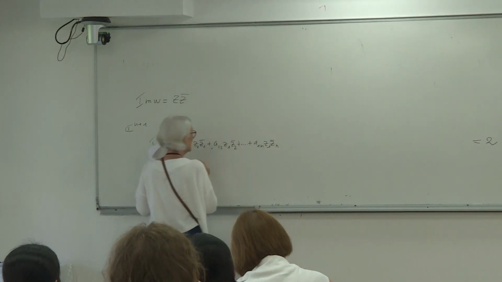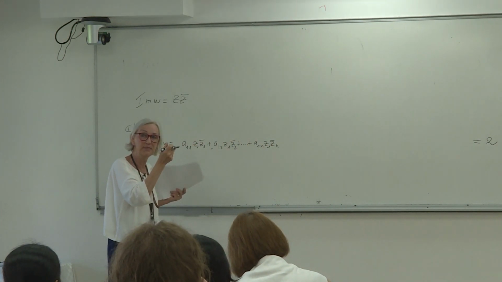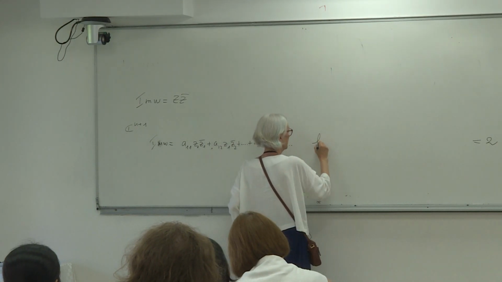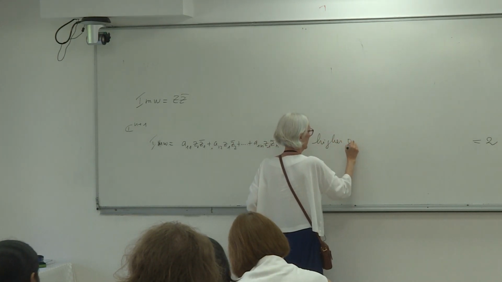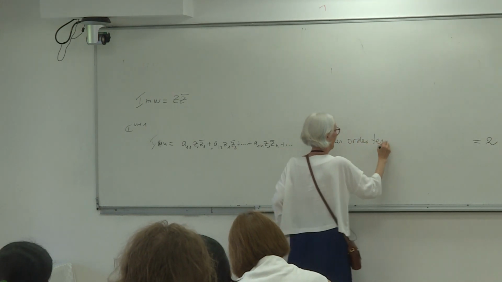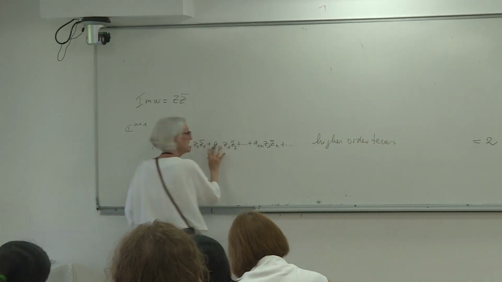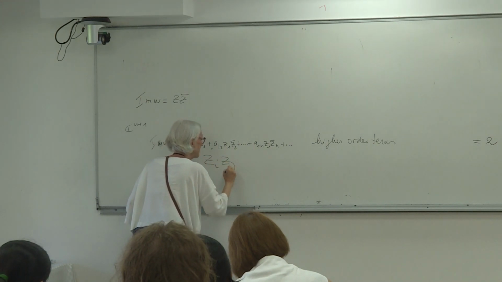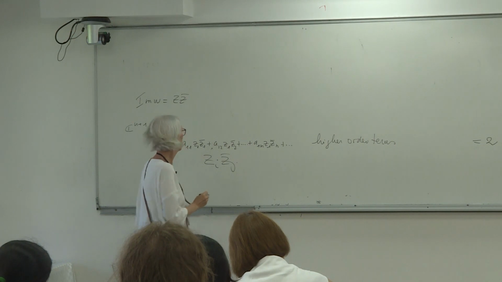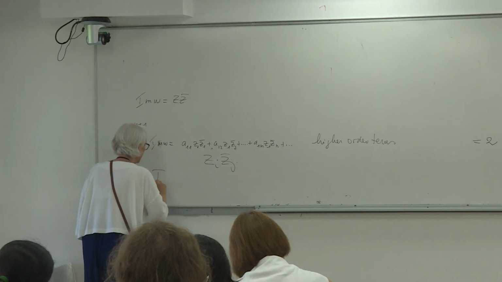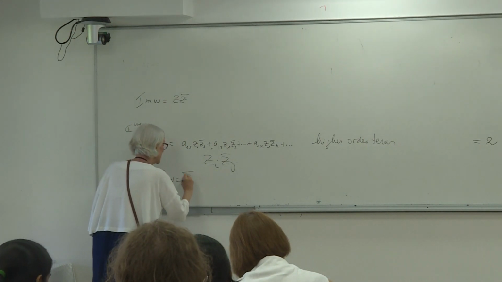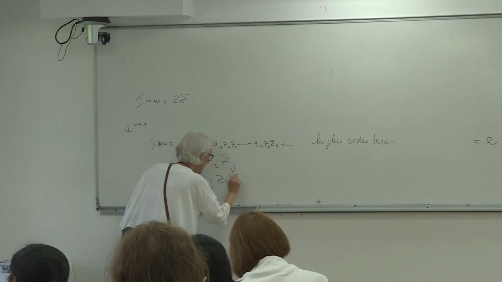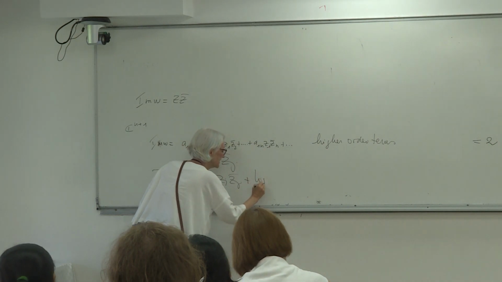Since it's real, I have all the possibilities, plus etc., plus higher order terms. I consider only the terms in z_i z̄_j. So I can write Im w as the summation of A_ij z_i z̄_j plus higher order terms.